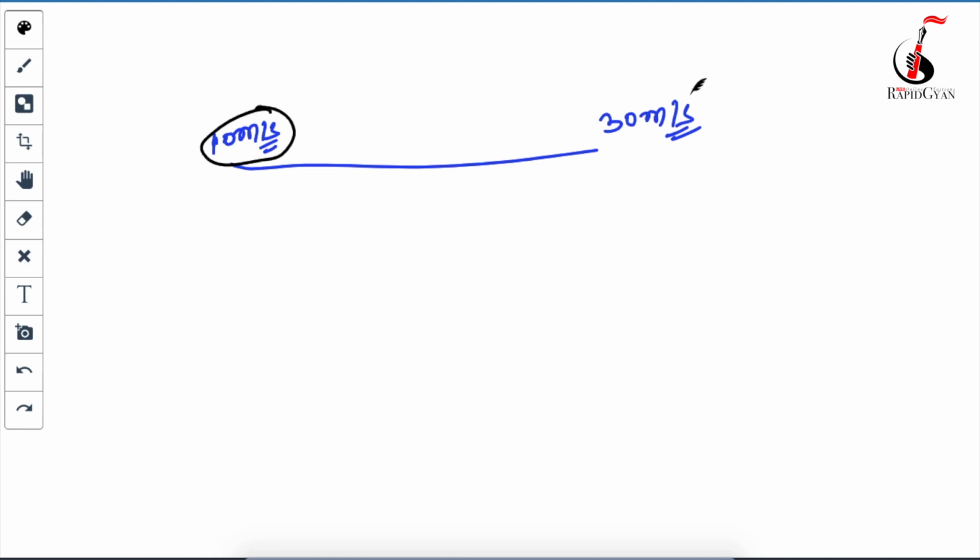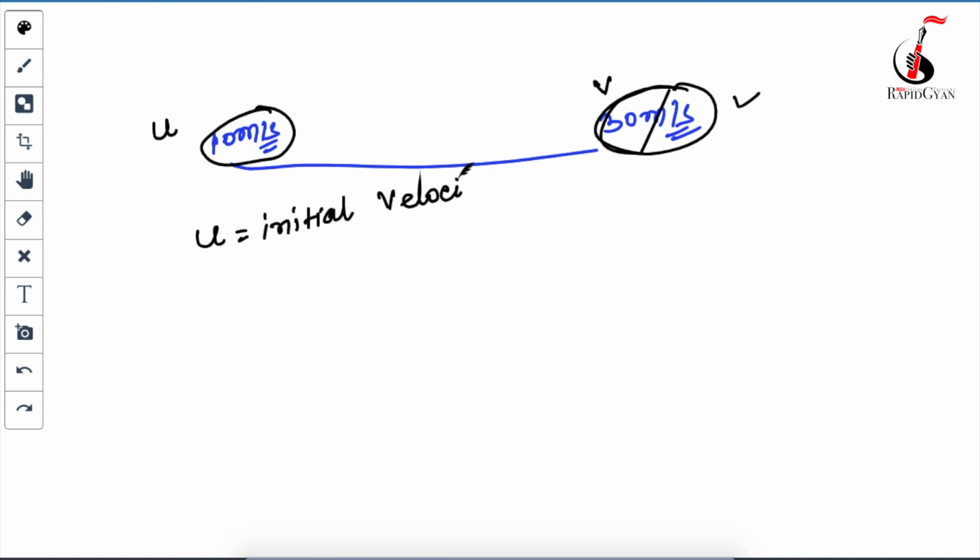And when you are about to complete your travel, the velocity at that time is called final velocity. Initial velocity is always represented by the letter u, final velocity by the letter v. Remember this, u means initial velocity and v means final velocity.